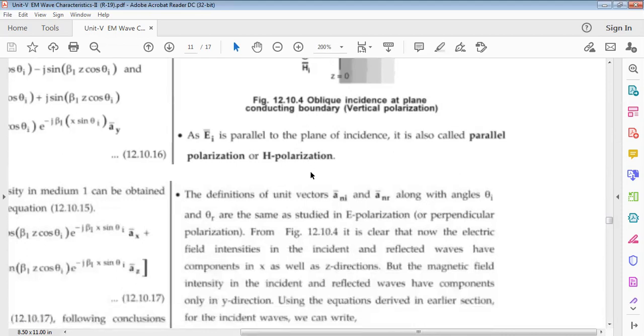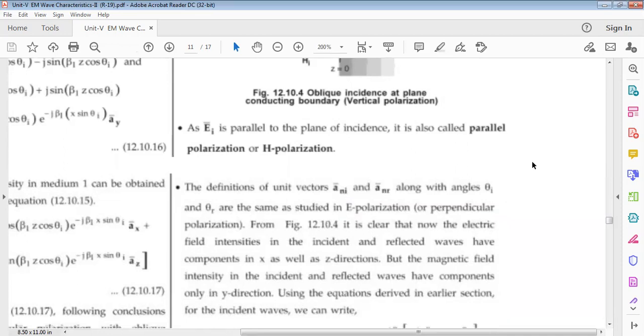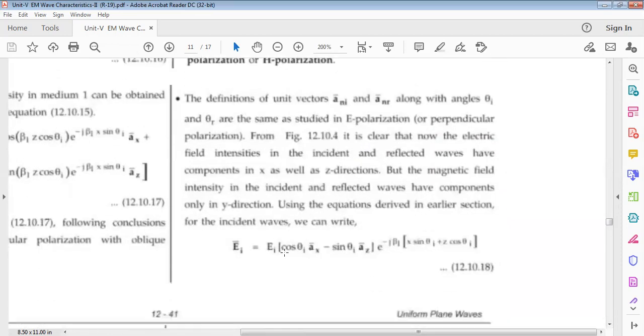Here also there is a unit vector an i bar and an angle theta, the same as in the study of E polarization or perpendicular polarization. Now there is a change in the electric field and the magnetic field.